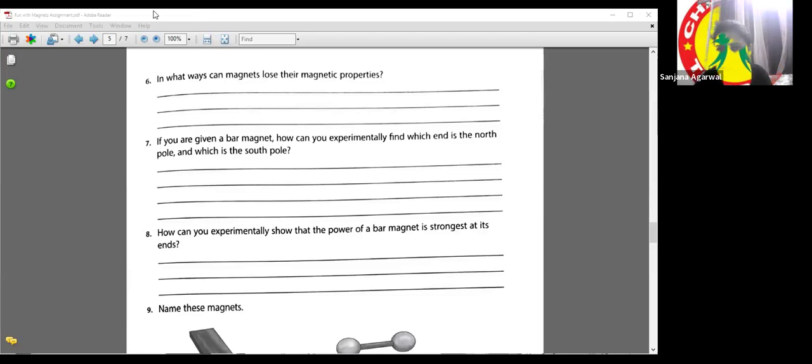It will rest in the north direction, the north-south direction of a place. Okay, a bit typical method, Neha.